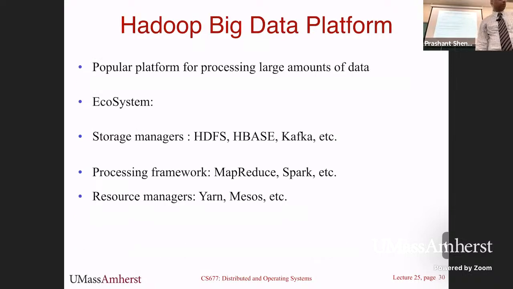Okay. So the Hadoop big data platform has many different components. We already saw one of them before. That was HDFS. Okay, I talked about that at the beginning of the class. That's the file system that's going to store our data sets.